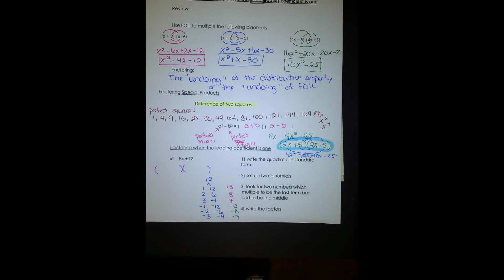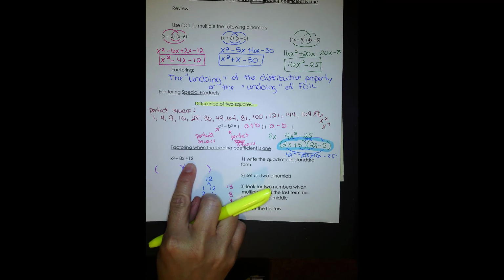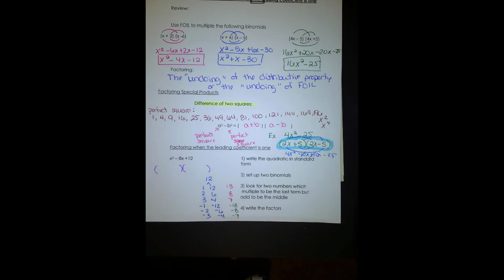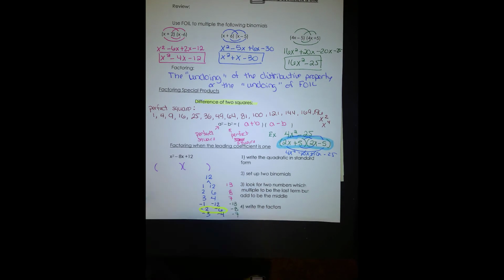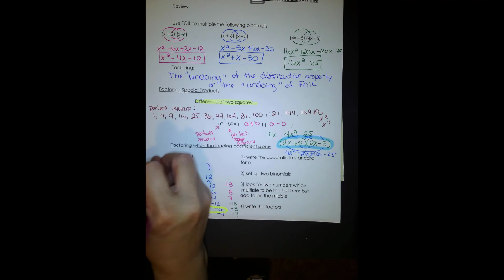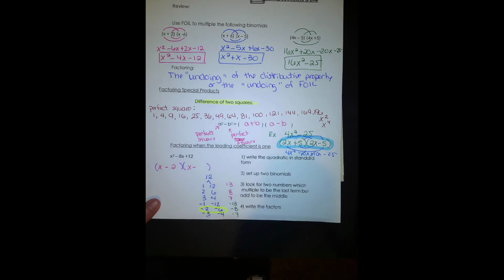So ultimately, looking at this, since we wanted two numbers that multiply together to be 12, but add to be -8, we're going to have to use this combination of a negative and a negative. So then our factors become x minus 2 and x minus 6. And ultimately, once again, we should check this and multiply them back together.